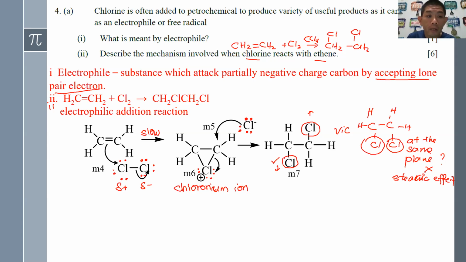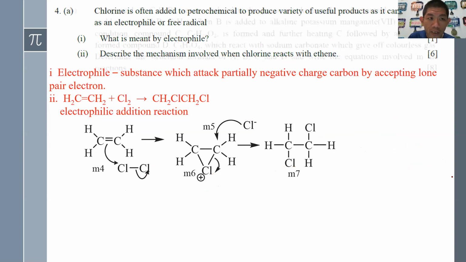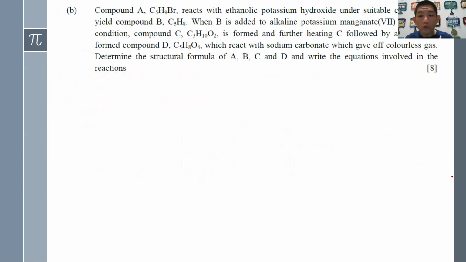Then we go to the next one, which is 4B. Now, 4B is also another challenging question. Compound A, C5H9Br, reacts with ethanolic potassium hydroxide under suitable conditions to yield compound B, C5H8.